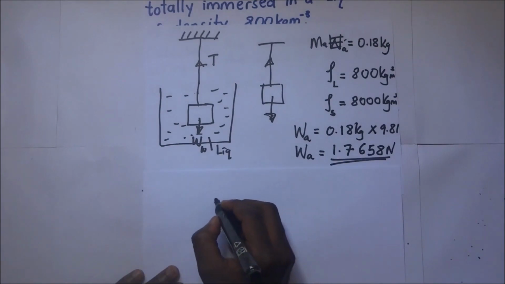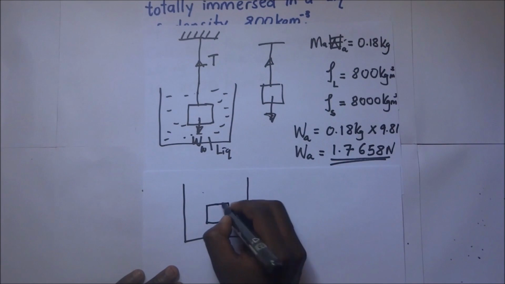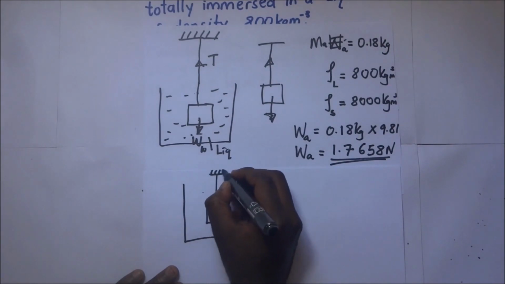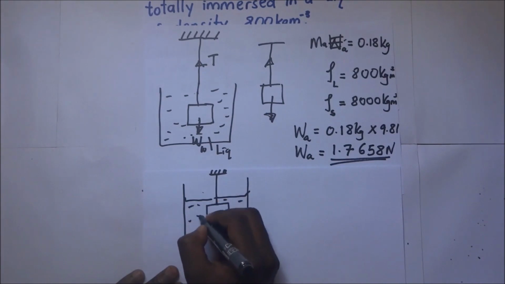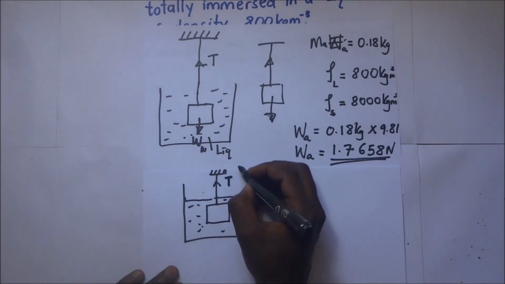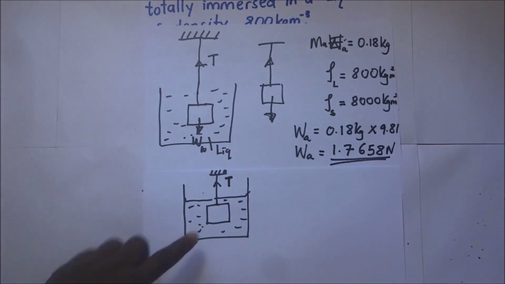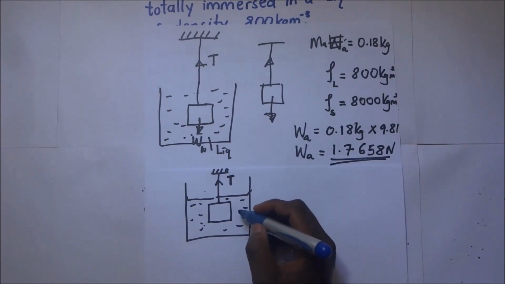If I may redraw that here, this is the iron solid. This thing is immersed in water, and when it is immersed in water, it is experiencing tension. This tension is acting in the opposite direction. But while this solid is in water, it is experiencing some forces downwards.